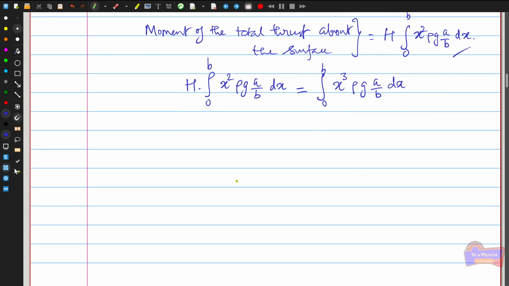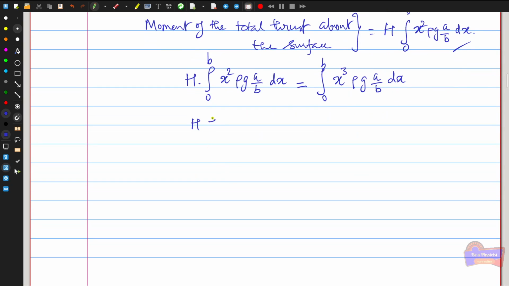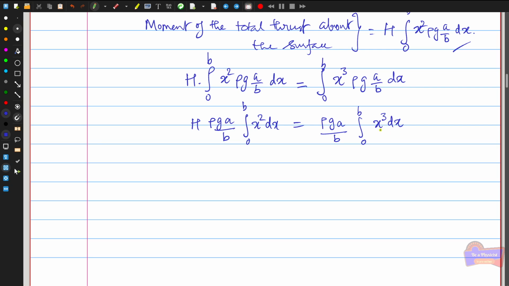As usual, I can take the constants outside: h into rho g a divided by b, and the integral from 0 to b of x squared dx. Similarly, the right hand side is rho g a divided by b multiplied by the integral from 0 to b of x cube dx. I cancel out all the constant values on both the left hand side and right hand side, and then integrate: x squared dx on the left and x cube dx on the right.